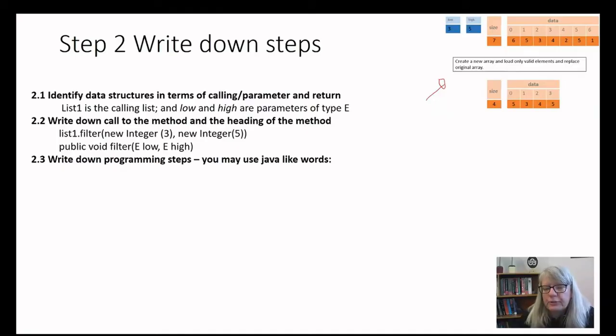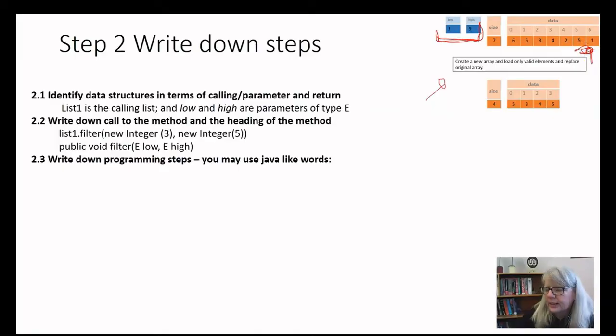The first one is identify data structures in terms of calling and parameter and return structures. So I want you to identify those 2 there as parameters, and this big block here as the calling array.